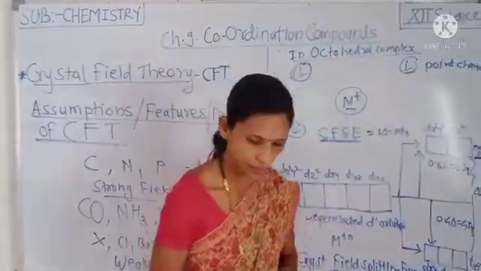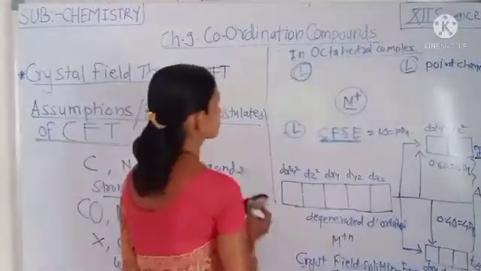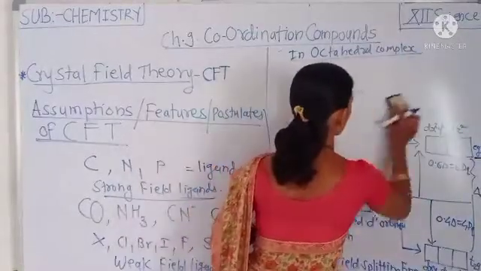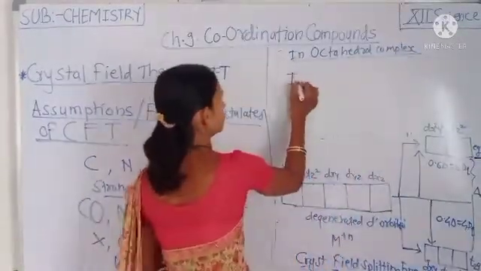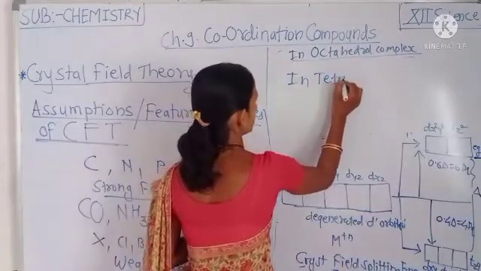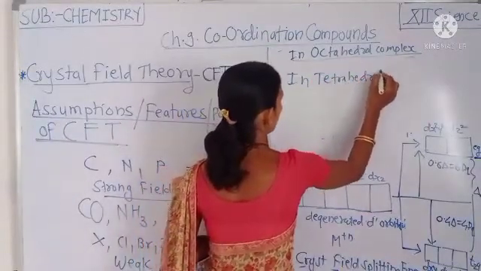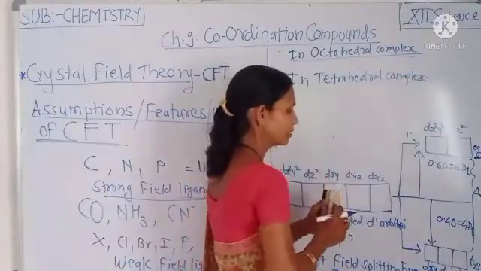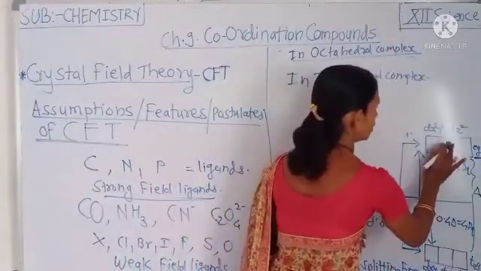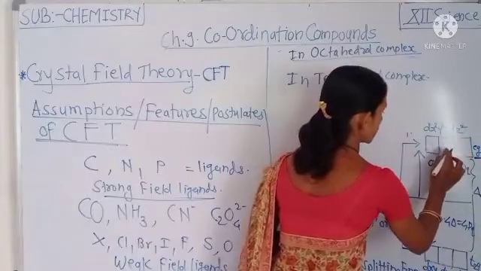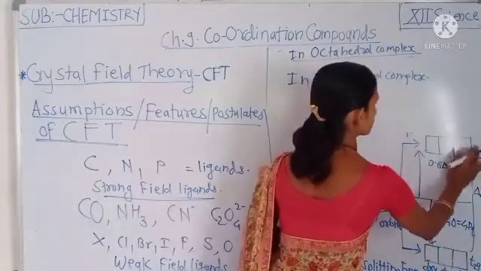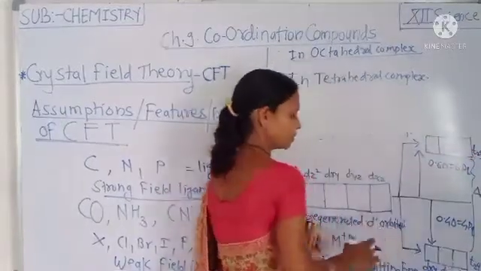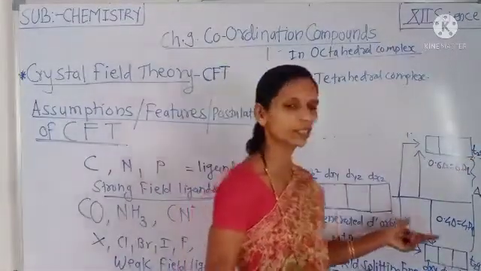But in a tetrahedral complex, the T2g orbitals possess higher energy levels because of greater repulsion.